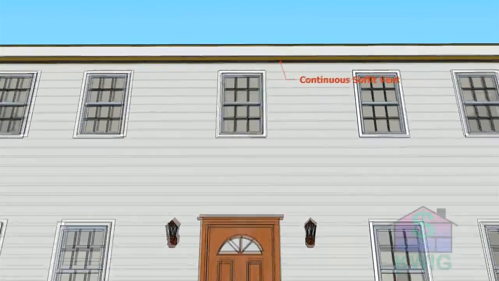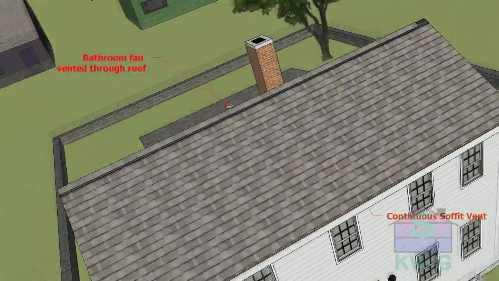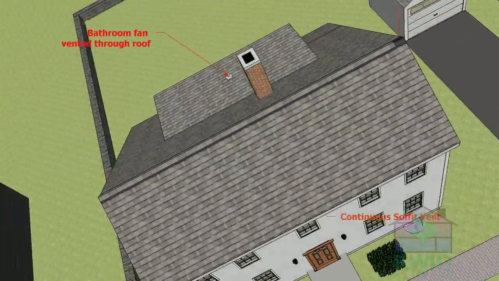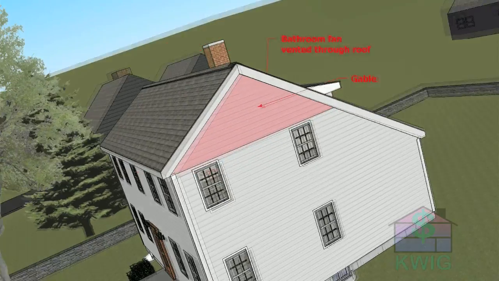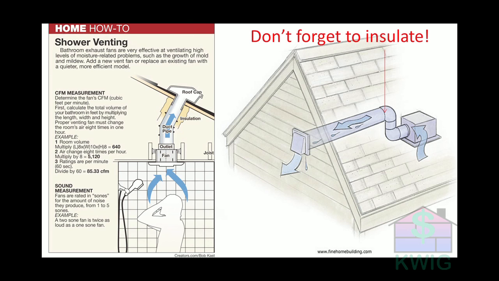If you push warm, humid air through the soffit, it will just rise back into the attic. Remember that those soffit vents are there to bring air into the attic. The moist air that finds its way back in will lead to other problems like wet insulation and mildew. So have your bathroom fan vent through the roof or between the studs of the gable end wall, whichever is the shortest distance.